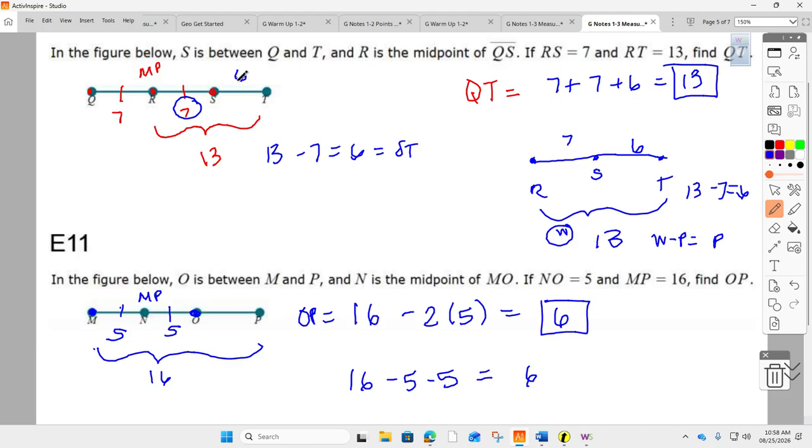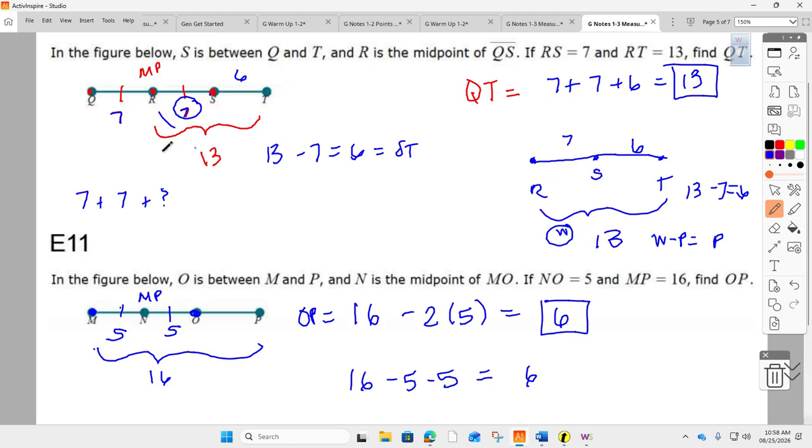7 plus 7 plus 6. Okay. So we figured out they told us that this one is 7, right, David? And because this is the midpoint between here and here, then we know that this one is 7, right? So we know that this whole length is 7 plus 7 plus something, right? That's our unknown. But then we found our unknown, right? Because they told us that RT is 13 altogether, right?